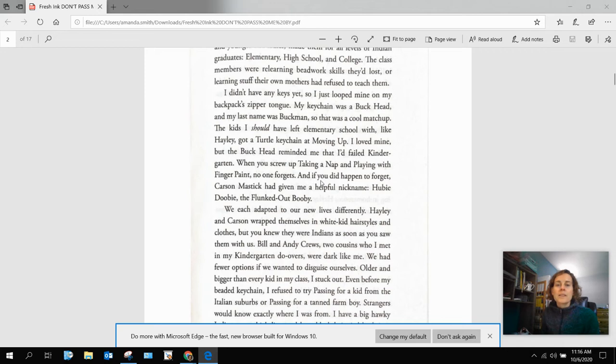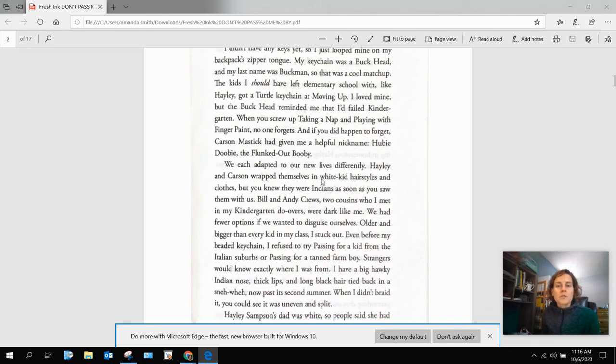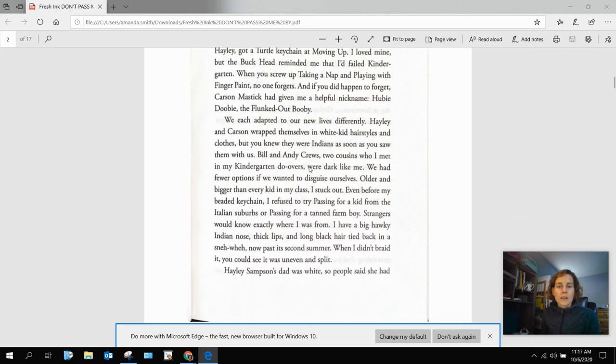And if you did happen to forget, Carson Mastic had given me a helpful nickname, Hubie Doobie, the flunked out booby. We each adapted to our new lives differently. Haley and Carson wrapped themselves in white kid hairstyles and clothes, but you knew they were Indian as soon as you saw them with us.